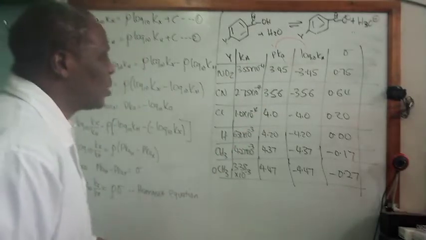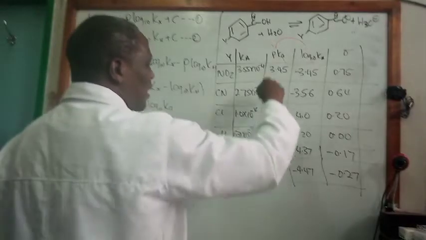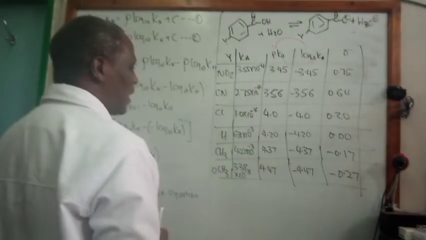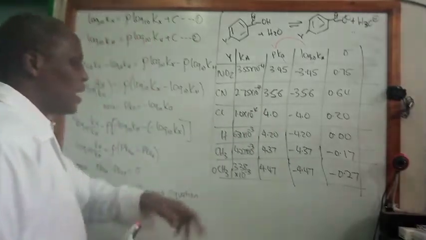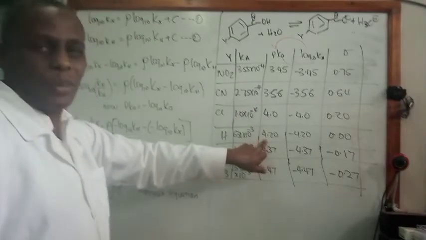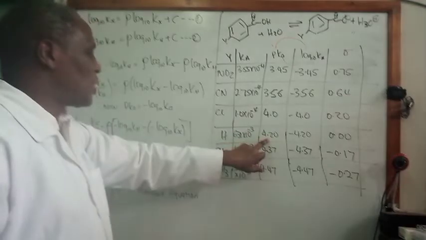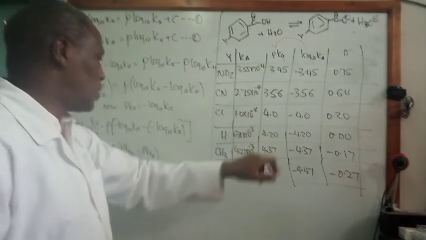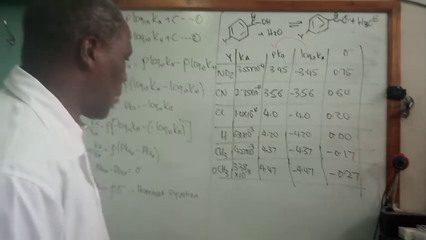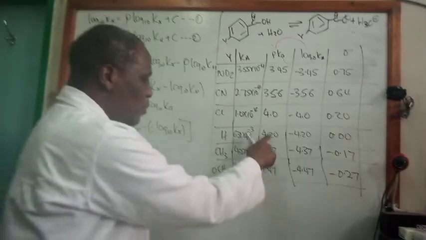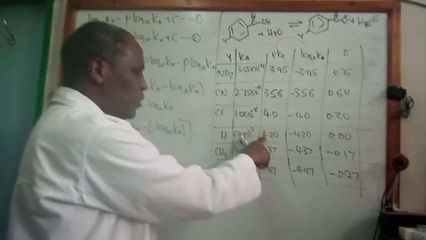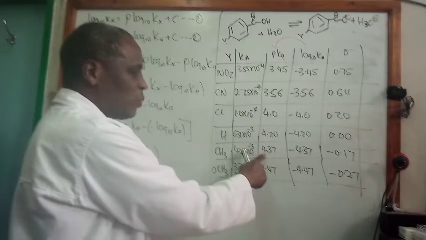So in this case, if, for example, I'm dealing with 4.2 as the pKa for the benzoic acid, then for this one it will be 4.2 minus 4.37.